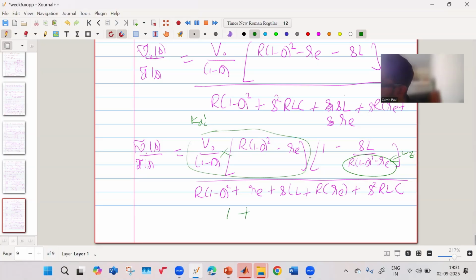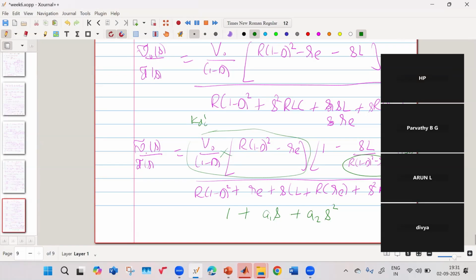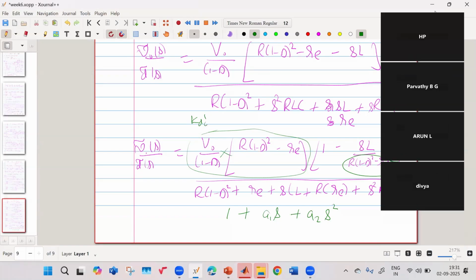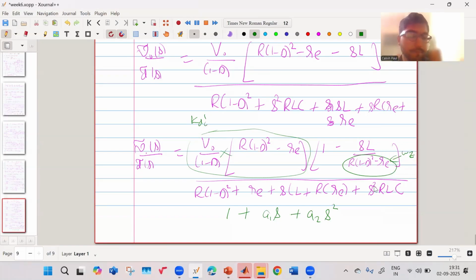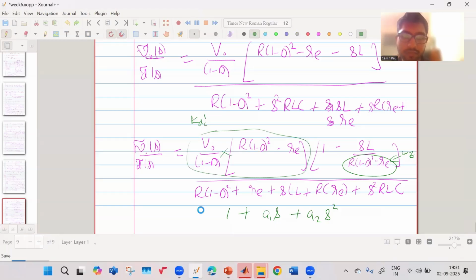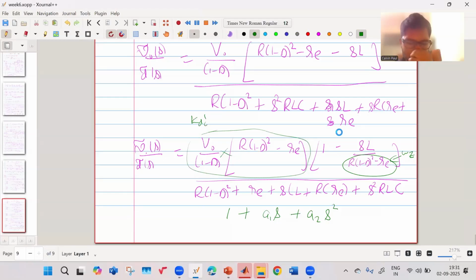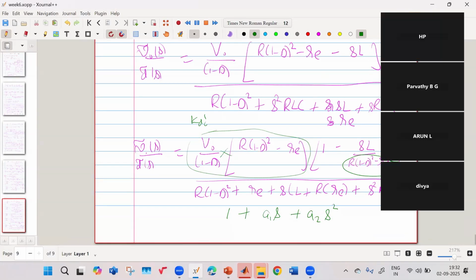Similarly, you will get your 1 plus A1S plus A2S square. Okay. So I hope this is clear. Any queries in this part?